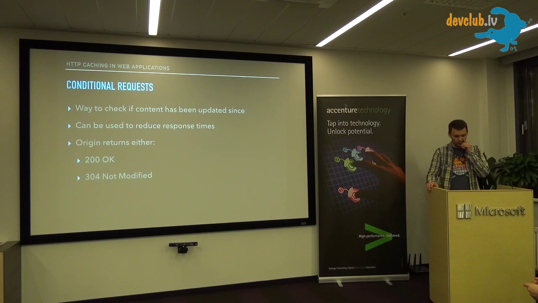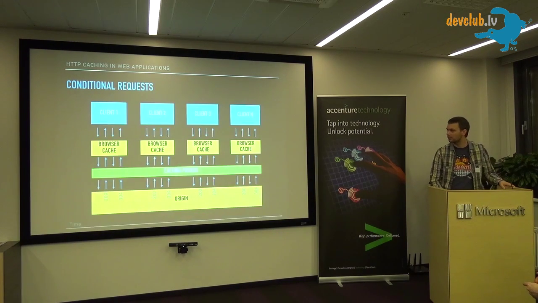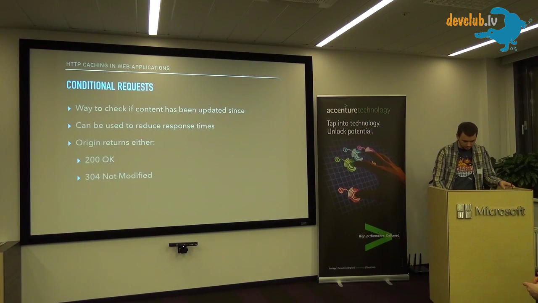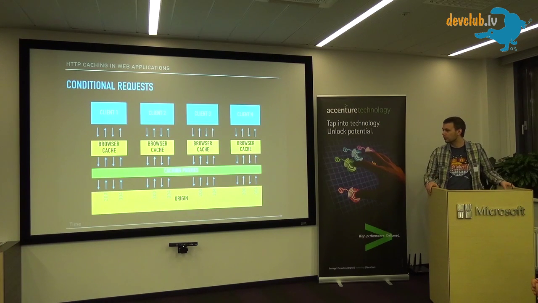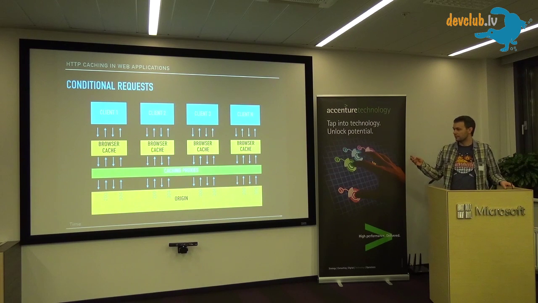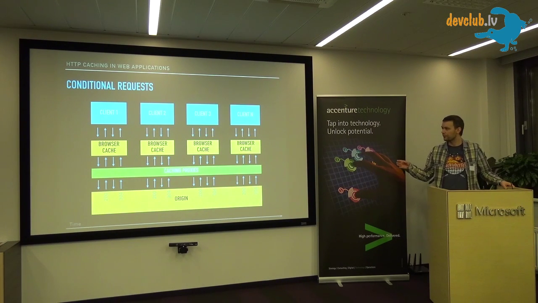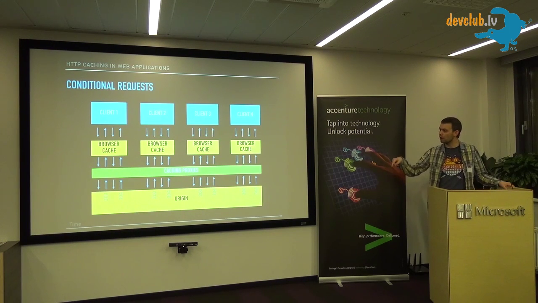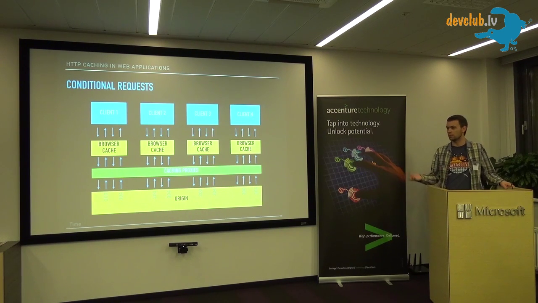All right. And here's a diagram. Hold on. Right. Yeah. So here's a diagram. You can see that the difference is that now all the arrows actually go through to origin, which kind of contradicts what I was saying before.